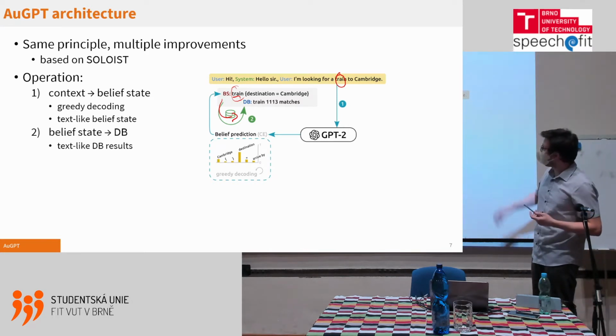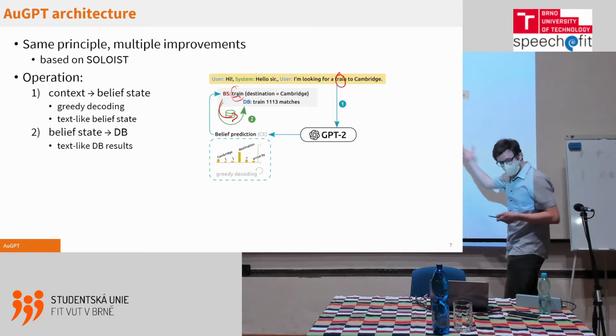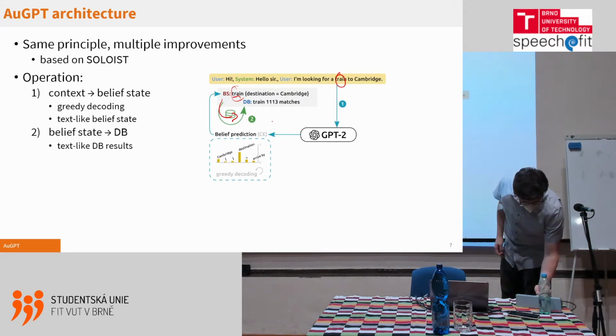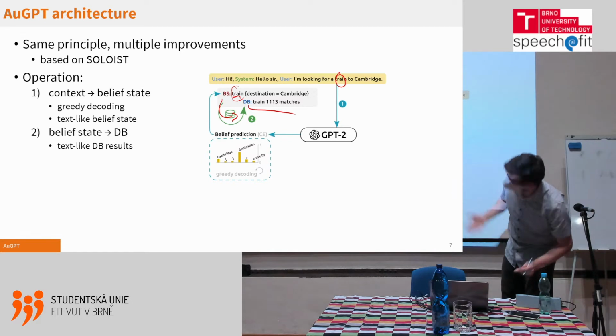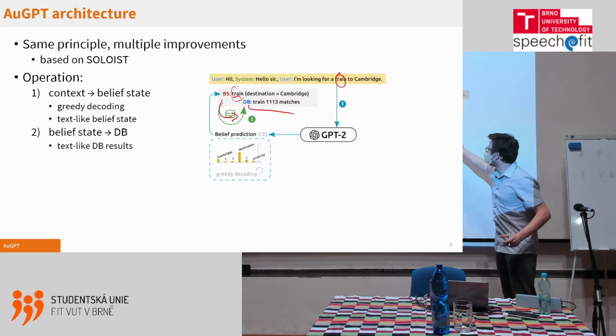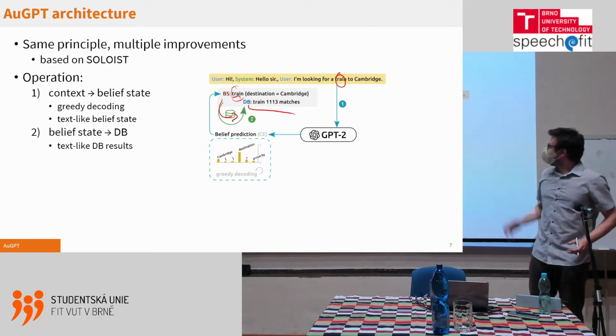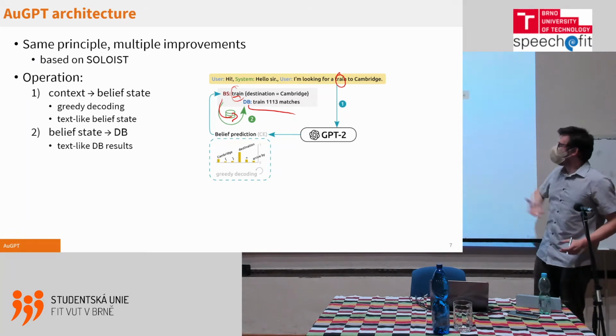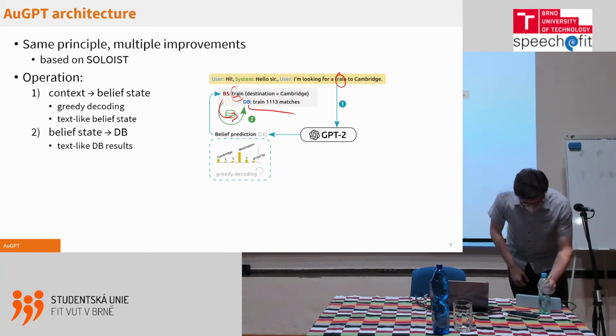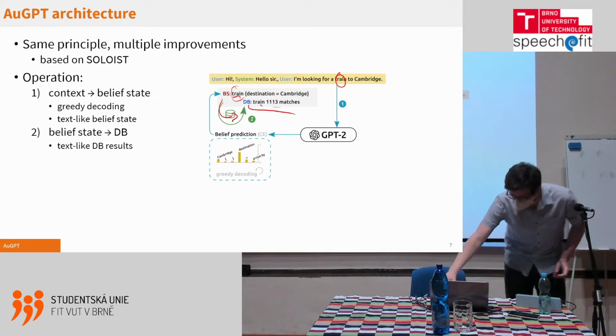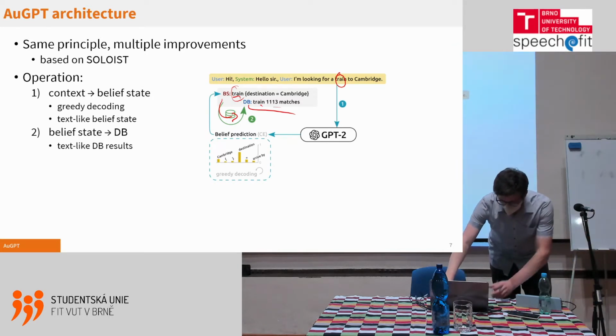And we only use the number of results. And the representation, again, is just a piece of text to make it simple for the pre-trained language model, which only knows text. So we can just say that we have this many matches for trains in this case.